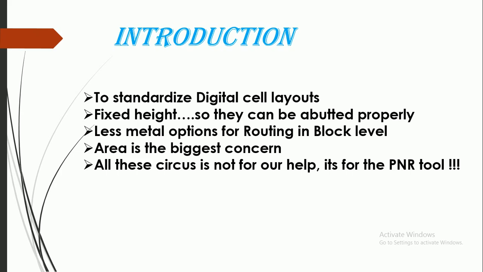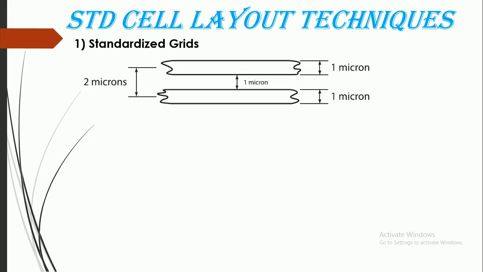Then, getting into the techniques which we normally use in the VLSI industry, first is the standardized grid, where the grid size will be fixed, and we will follow that standardized grid throughout my blocks.